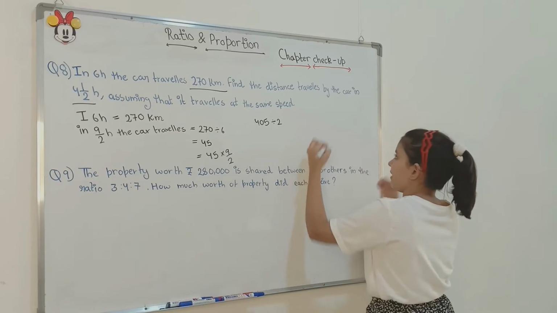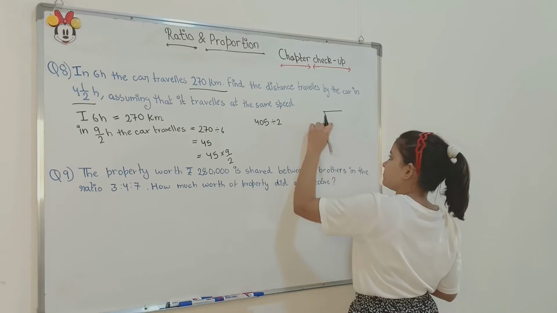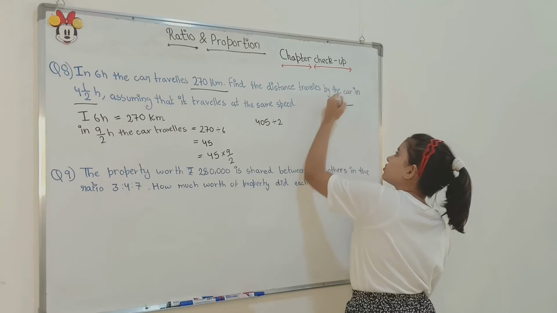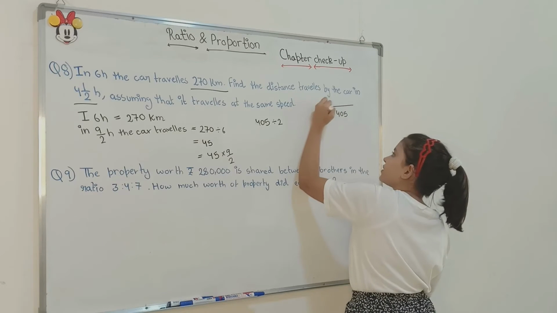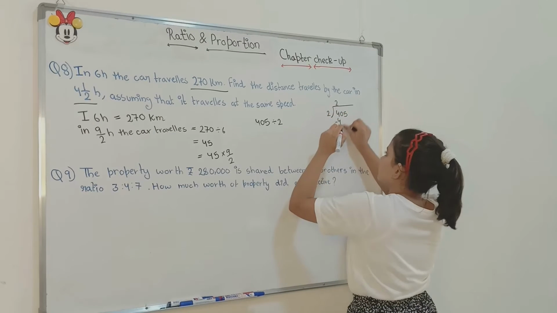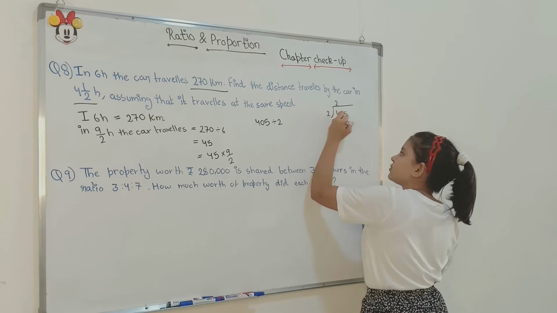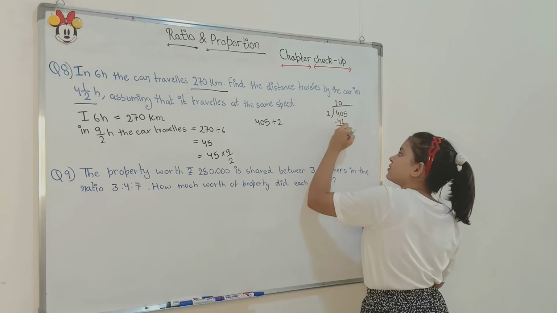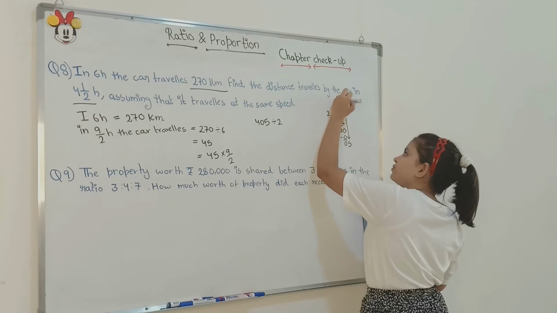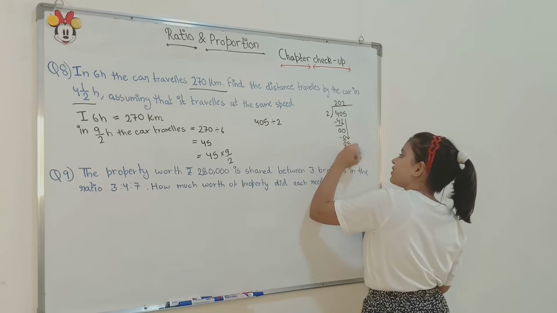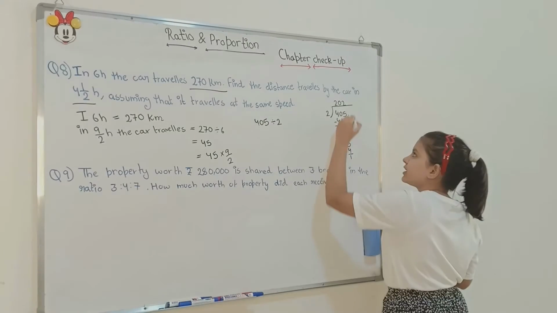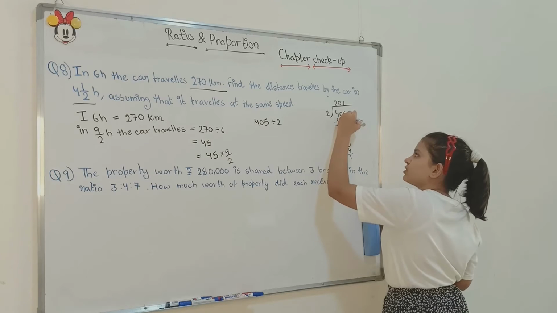So now let's divide it. We divide this, so 405 and then 2. So 2 2s are 4. So we get 0. Then 1 0 down. So 2 5s are 10, then 1 is left. So now 1 is still left, so we'll add a decimal point. So point, and then 0 will come down.